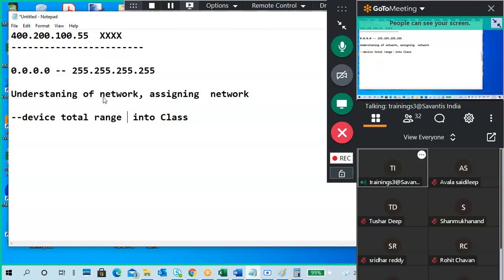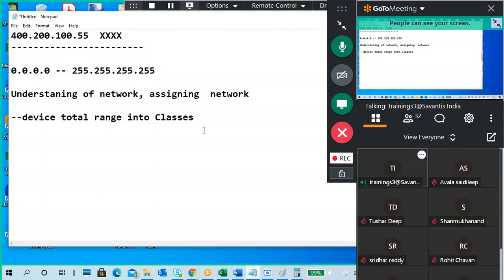Understanding means knowing what my logical network is, and assigning an IP address to a logical network. So we divide into classes, and I will tell you the advantages of dividing this total range, 4.3 billion IP addresses, into classes.